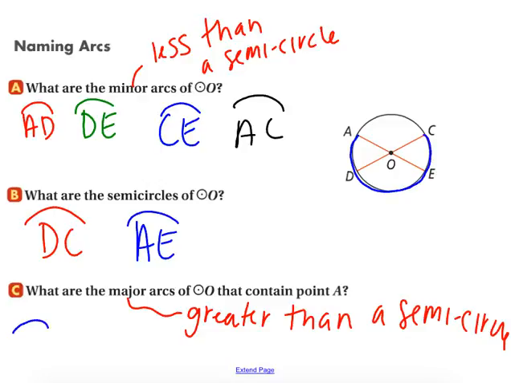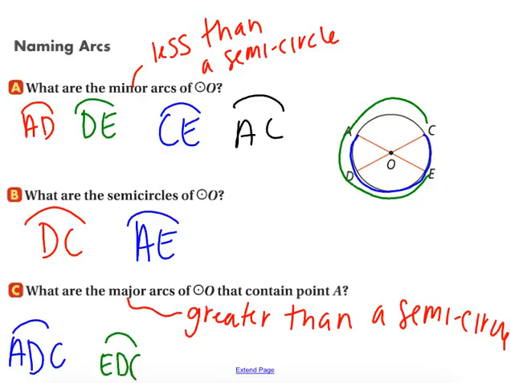I could have arc A, pick a point in between, so I'm going to pick D, then C: ADC. Then I could have another one. What if I started at E and worked my way around here? There's a semicircle, and continued to C. So that would be arc EDC.